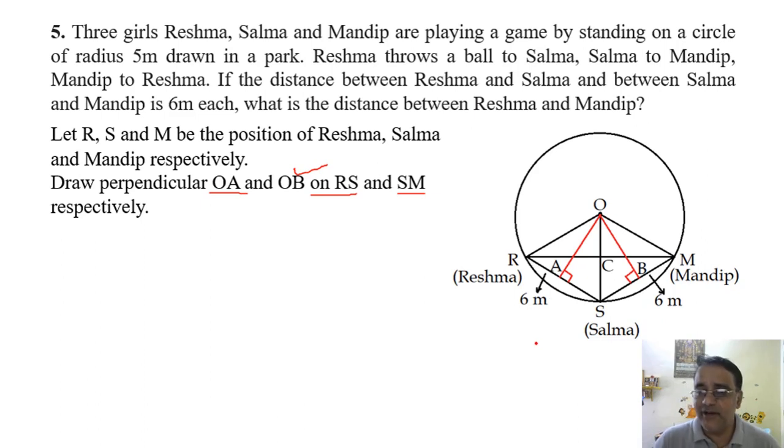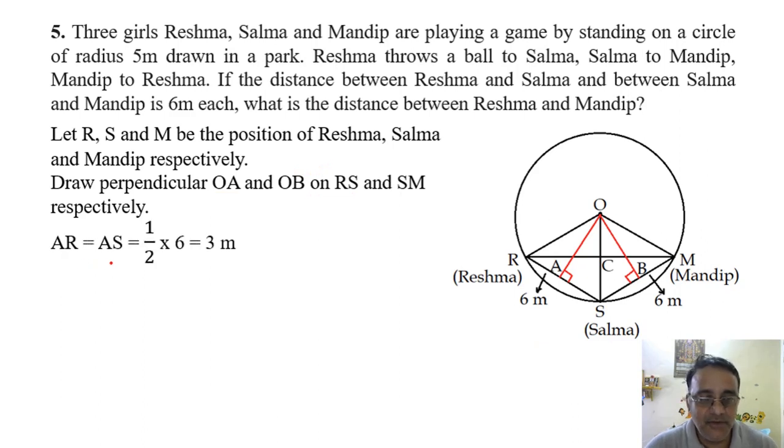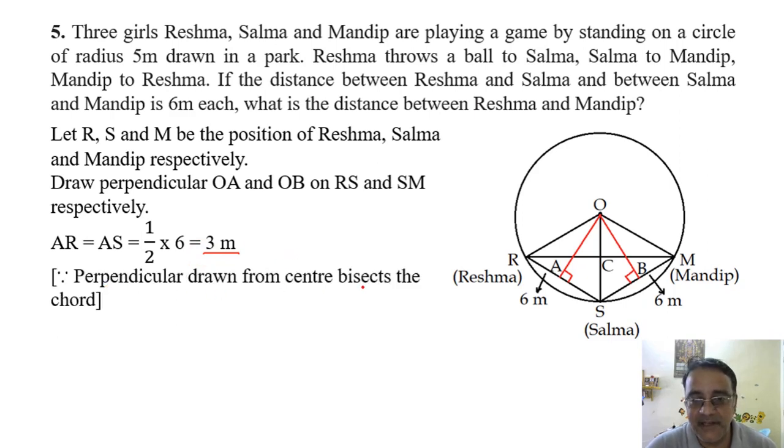Why 3 meters? The perpendicular from the center to the chord bisects the chord. Very good. So AR is equal to AS is equal to half into 6, that is 3 meter. The reason is that the perpendicular drawn from the center to the chord bisects the chord. Any doubt? No, sir.